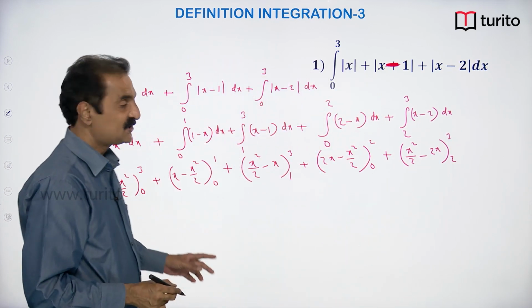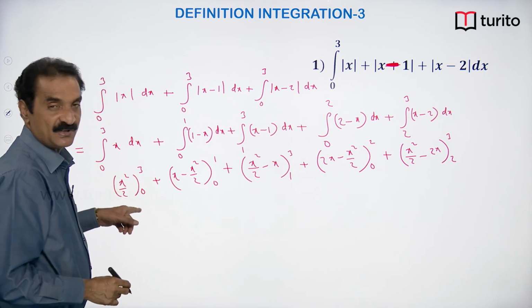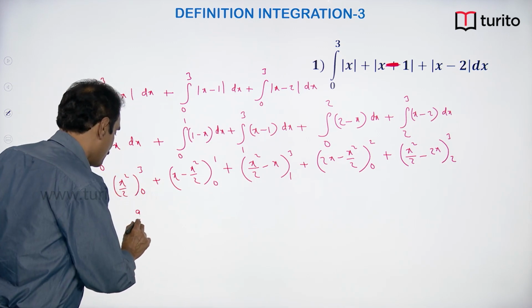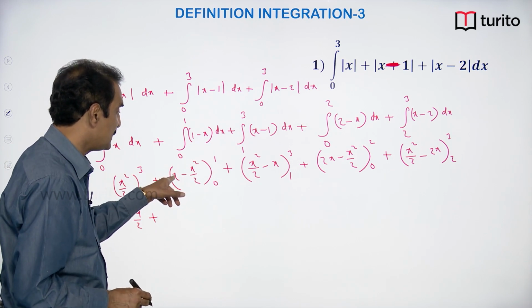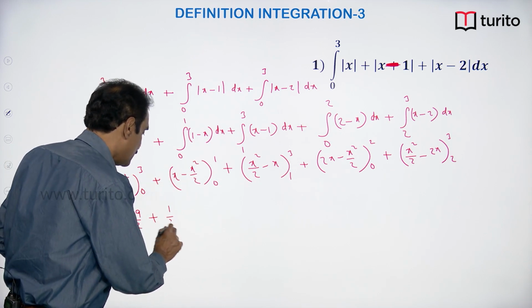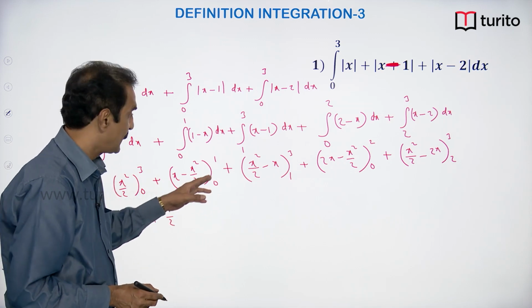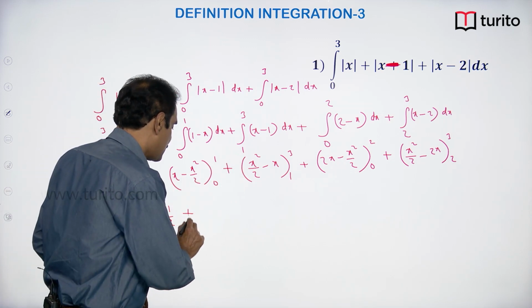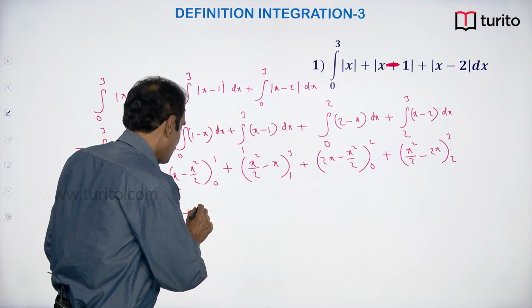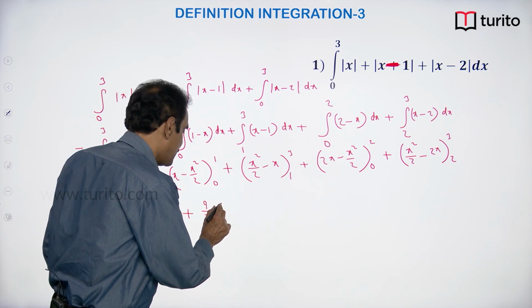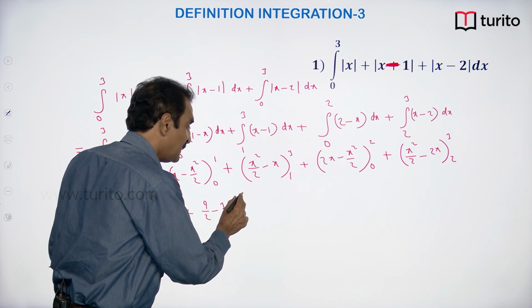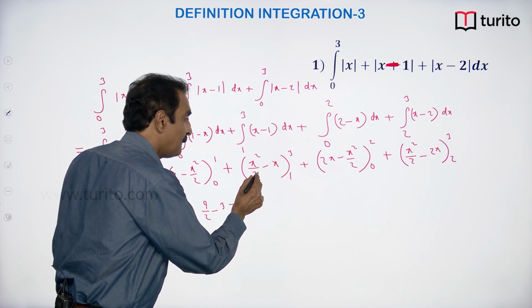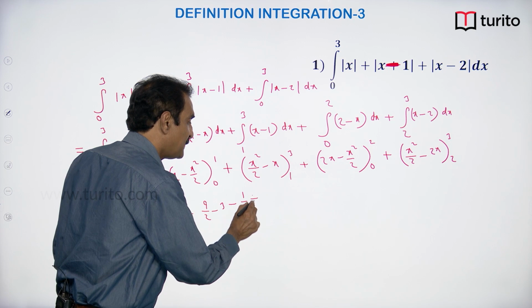Now substitute the limits. Substituting 3 and 0, you will get 9 by 2. Substituting 1, you are getting 1 minus 1 by 2, 1 by 2. Substituting 0, it is 0. Next, plus substituting 3, you will get 9 by 2 minus 3, and substituting 1, minus of 1 by 2 minus 1, so minus of minus, plus 1.